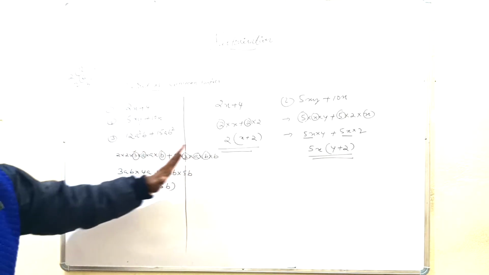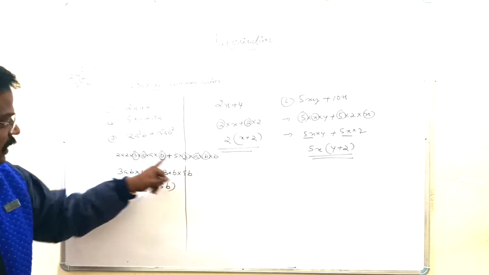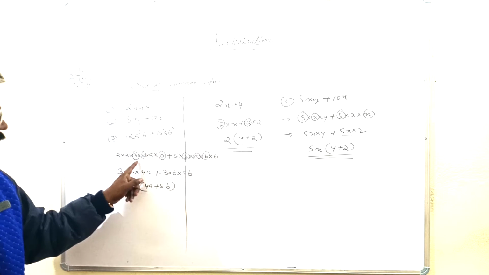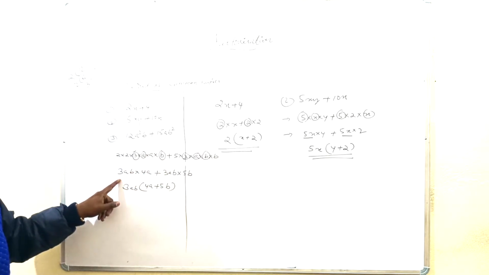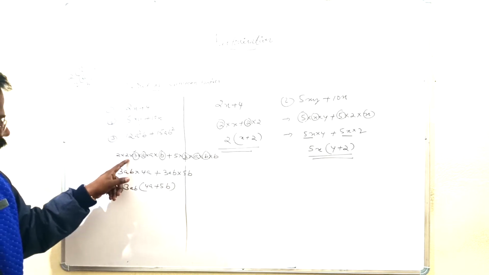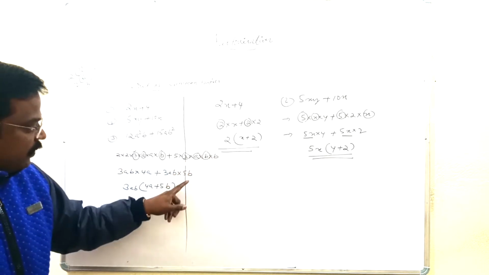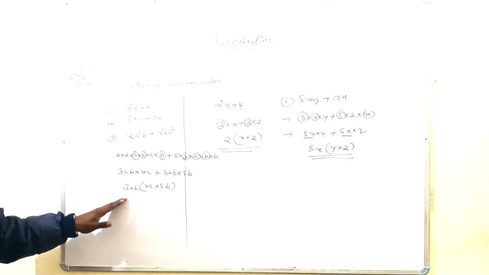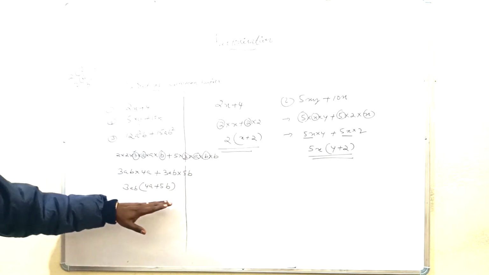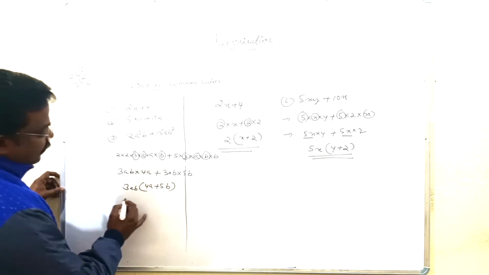Then check in both sides which terms are common. 3 is on both sides, a is also there, and b. So 3ab is common here and here. Then the remaining terms: 2 into 2, 4, so 4a will be here, and 5 into b, 5b will be there. Then we take 3ab as common and 4a plus 5b. So this is the factor.